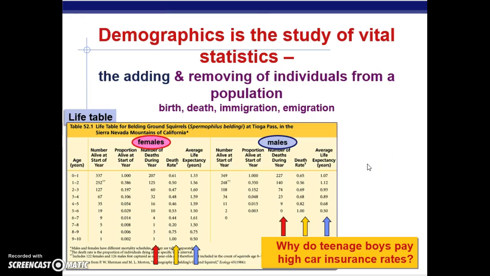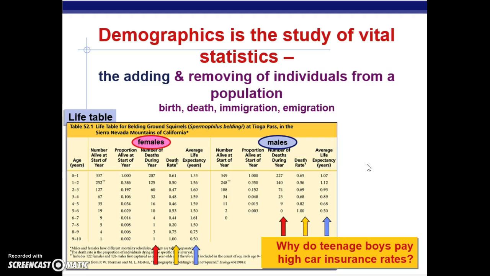So the next topic that we're going to discuss is going to have to do with demographics, which is the study of vital statistics. So demographics is important in ecology, and we don't really think about that, but demography is the study of the vital statistics of a population and how they change over time.